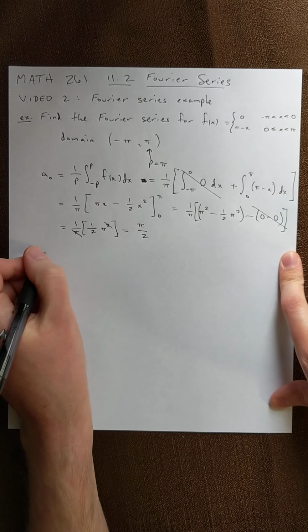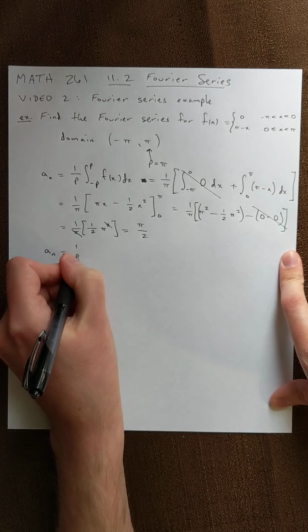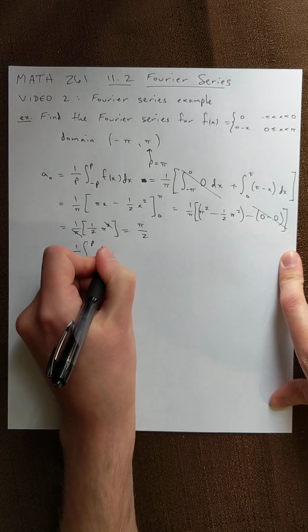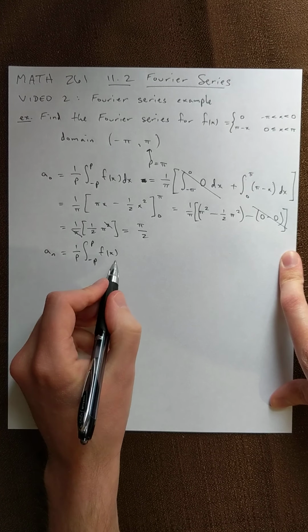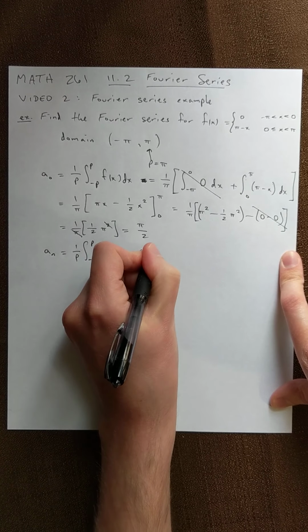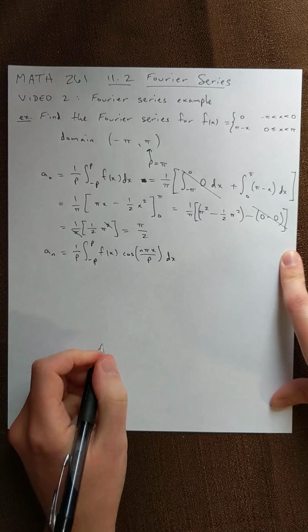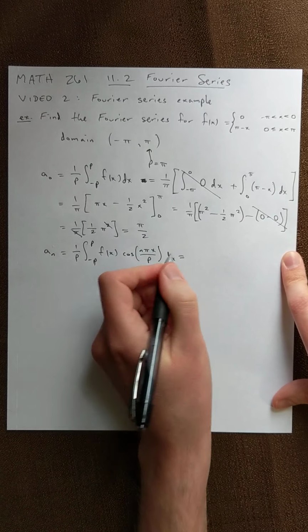We also need to find an, and I'm not going to find these individually. I'm going to find all of them at once. I'm just going to leave n as a variable. Our formula was 1 over p, definite integral from minus p to p, f of x times cosine n pi x over p. I'm going to plug in p is equal to pi.